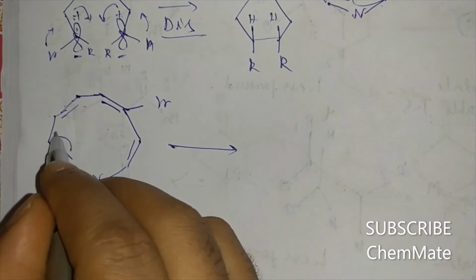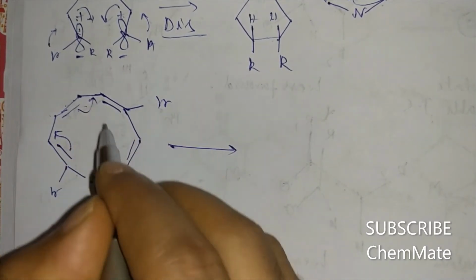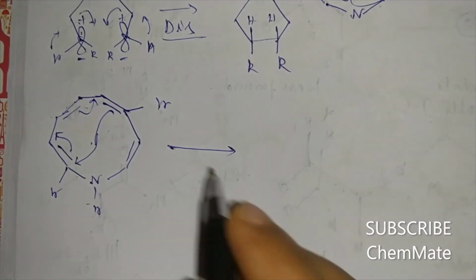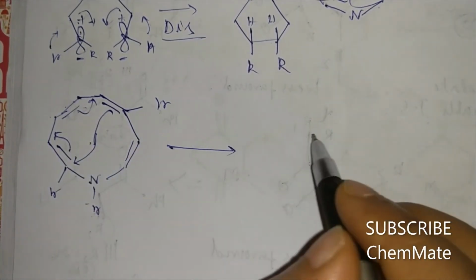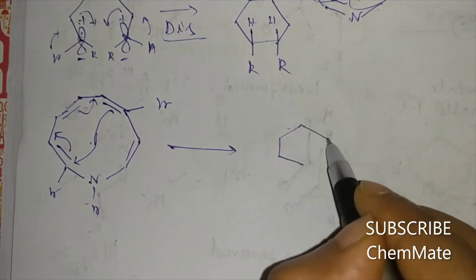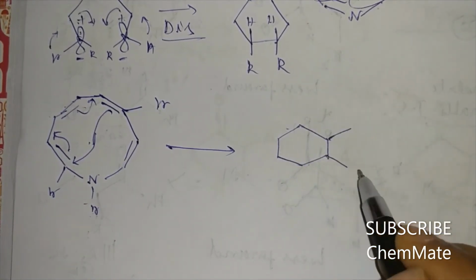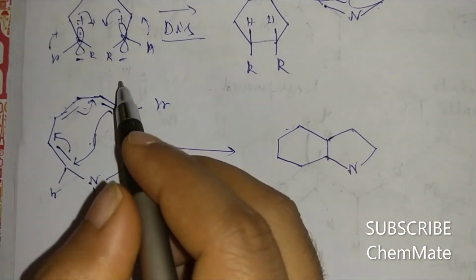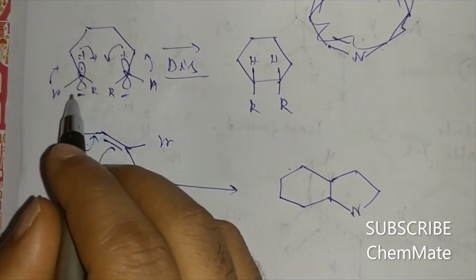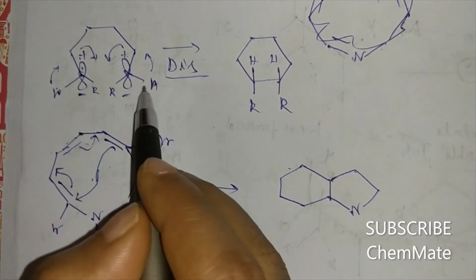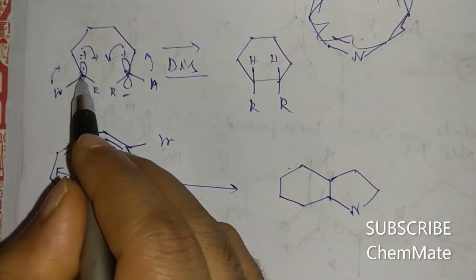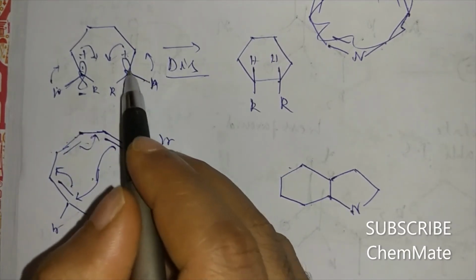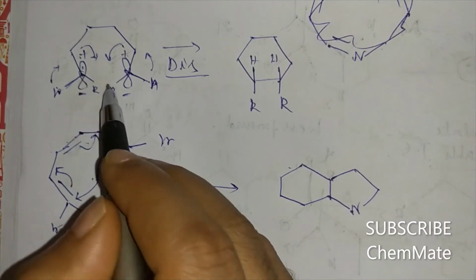So we consider this electrocyclic ring closing reaction. So what will be the product? A 6-member ring and a 5-member ring will be formed. As we discussed the stereochemistry, the hydrogens here are both outside the cavity of this ring and the R groups are inside.